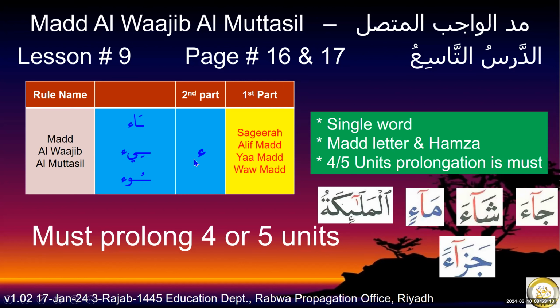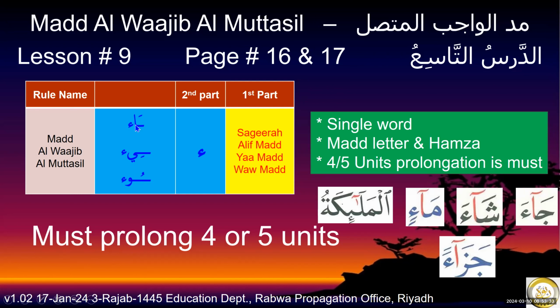If the mad letter is followed by hamza immediately in the same word, then it is called Madal Wajib Muttasil. Muttasil means connected, attached. The mad letter and hamza are attached.